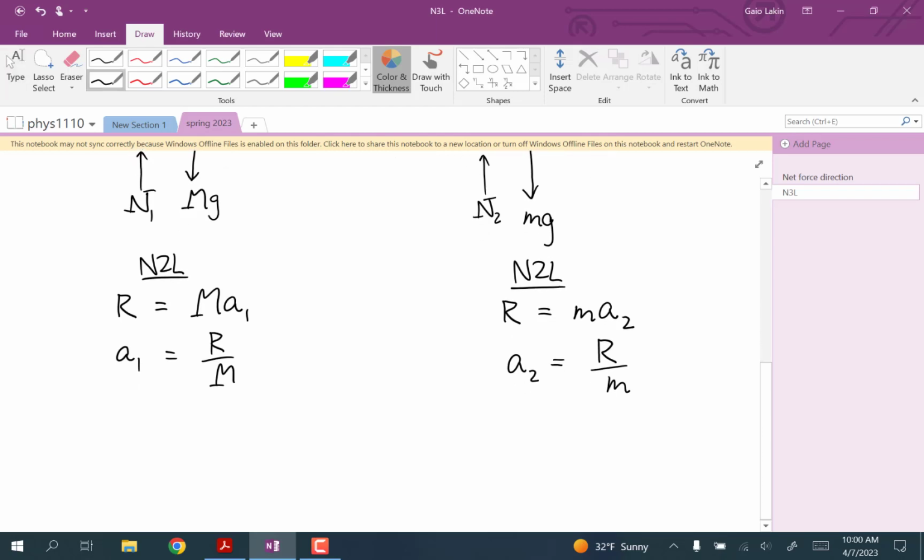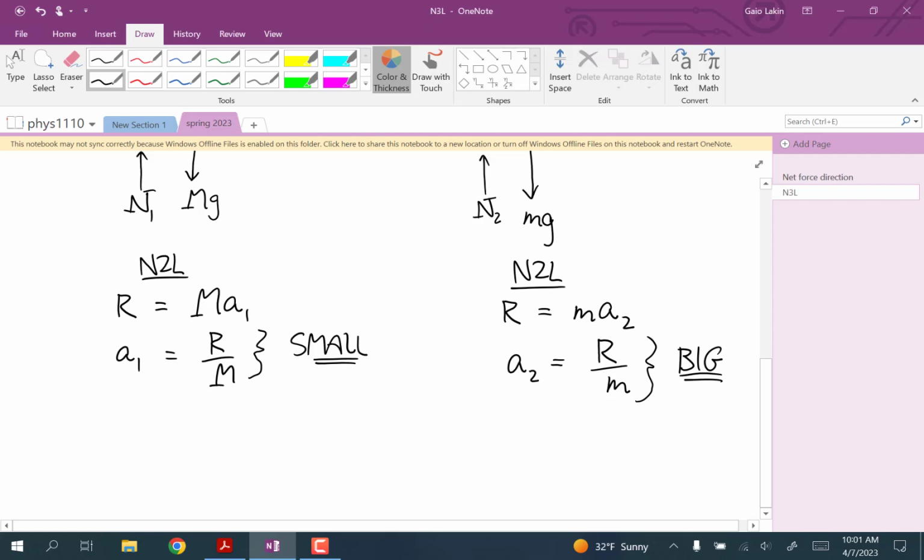Well, if you take this same magnitude force R and divide it by a bigger number, you get a small acceleration for the larger player. That's what happens when the denominator is big in a fraction, right? If you take that same number R and divide it by a smaller number, you get a big acceleration for the smaller player.